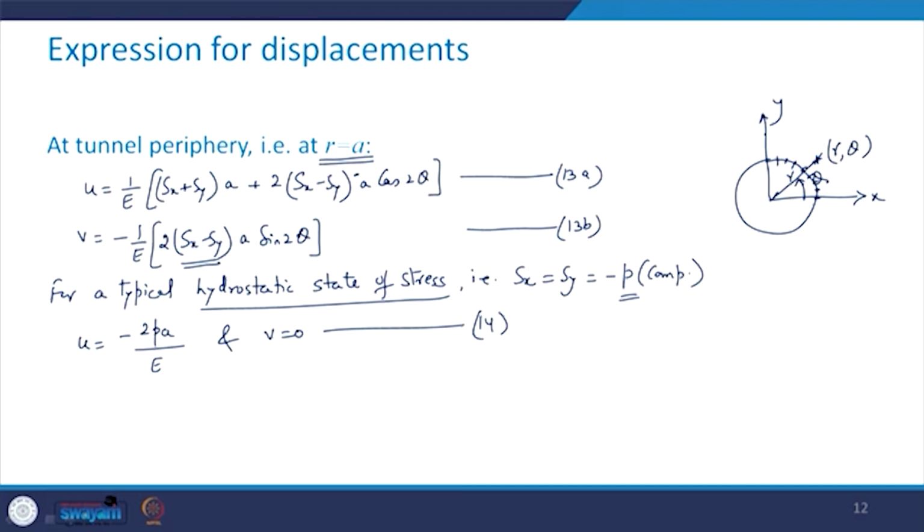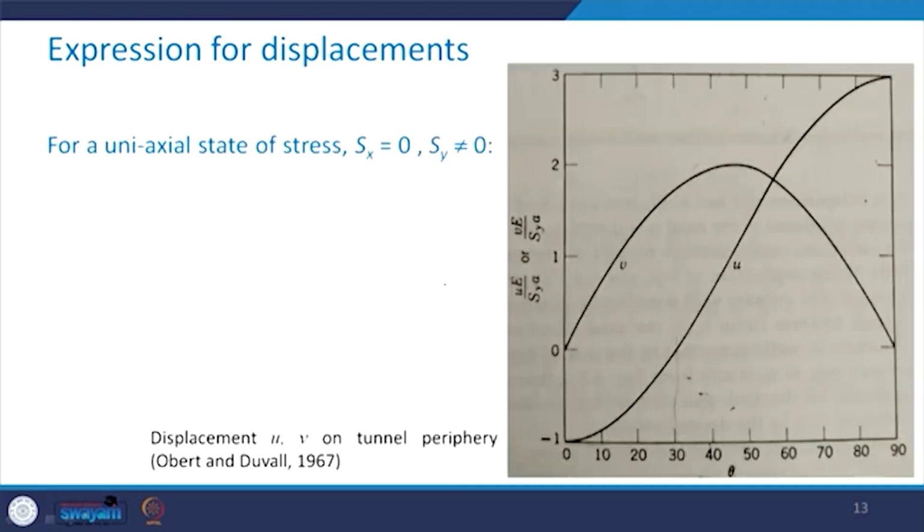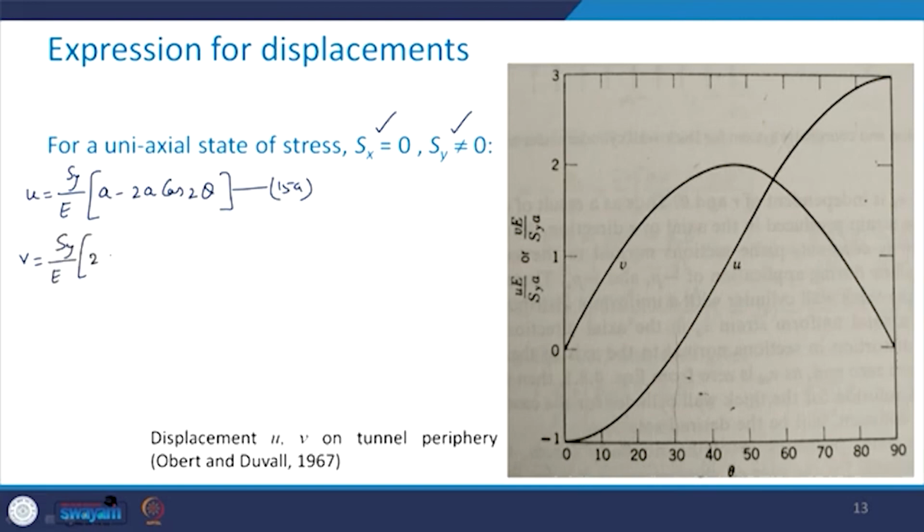Now, what will happen in case you have the uniaxial state of stress, where you have Sx equal to 0 and Sy is non-zero? So, you will get u equal to Sy upon E, that is A minus 2A cos of 2 theta. This is going to be equation number 15a, and similarly you will get V as Sy upon E, that is 2a sine of 2 theta, equation number 15b.